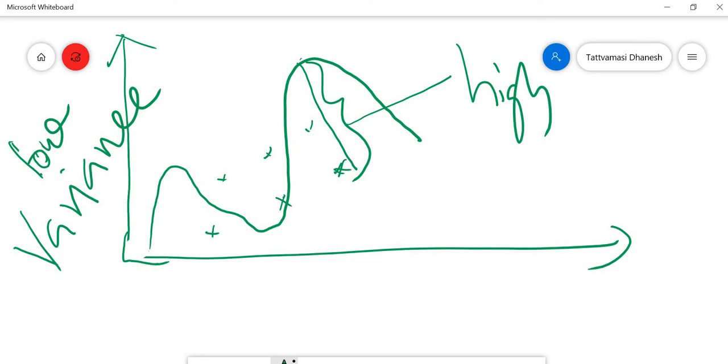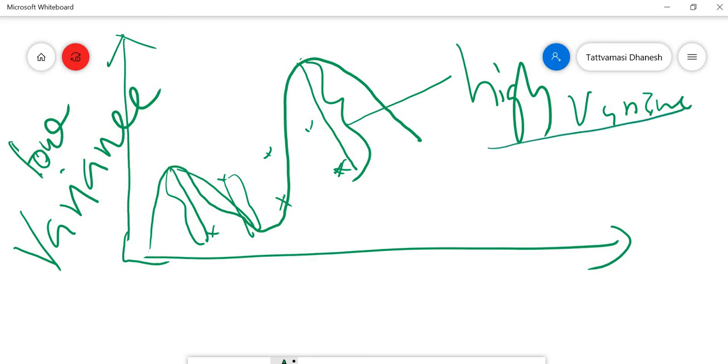If we plot it properly, this much variance it's giving. So our polynomial or the curved line gives a high variance for the testing data set.